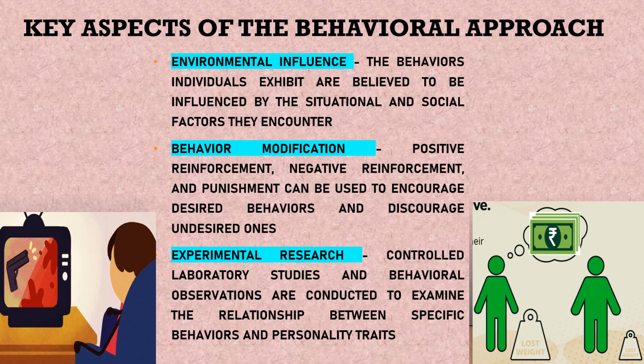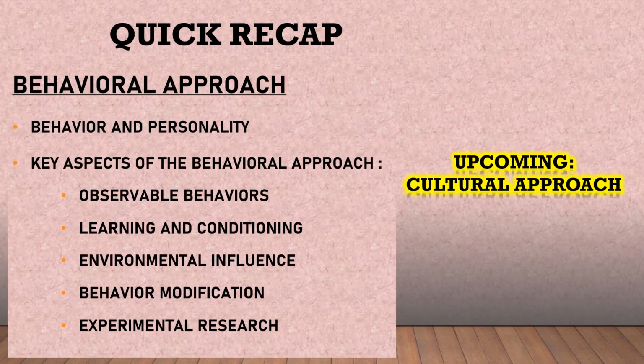For example, conducting a study in a controlled laboratory setting to investigate the effect of praise on task performance in children, or using an experimental design to examine the impact of exposure to different types of music on individuals' mood.